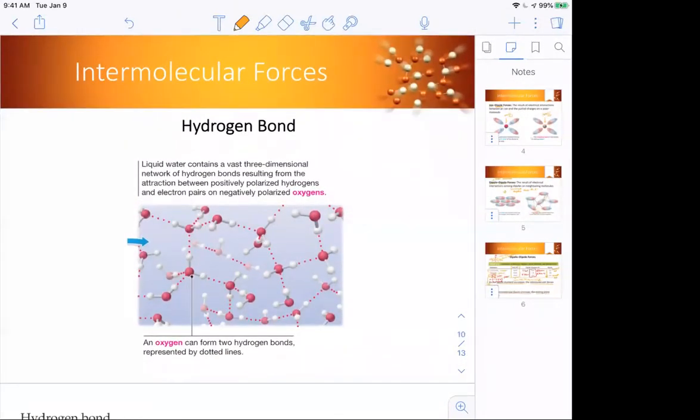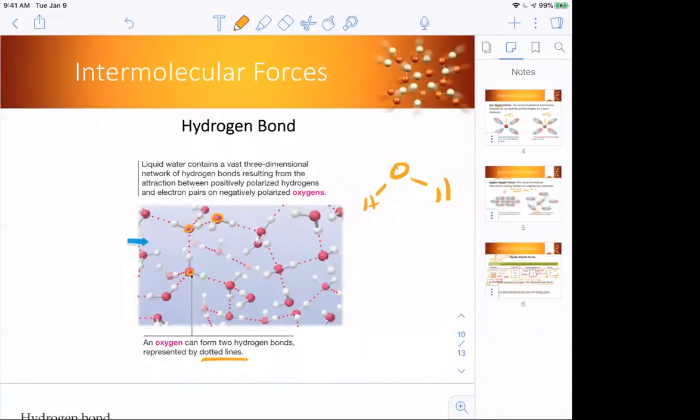Here is what I'm talking about in terms of water. Liquid water actually contains a vast three-dimensional network of hydrogen bonds, which result from the attraction between those positively polarized hydrogens and the electron pairs on negatively polarized oxygens. Each oxygen, the red molecules, can form two hydrogen bonds. The hydrogen bonds are these dotted lines, because oxygen has two lone pairs.